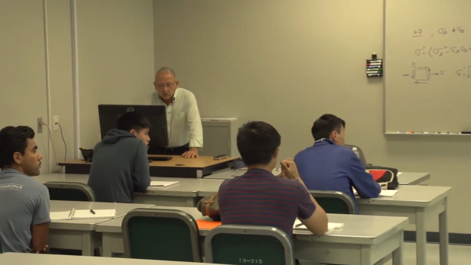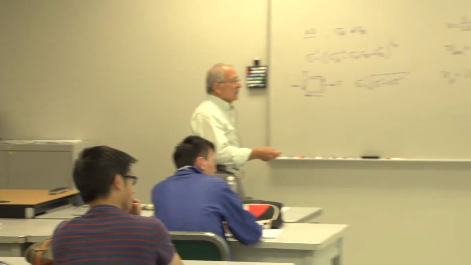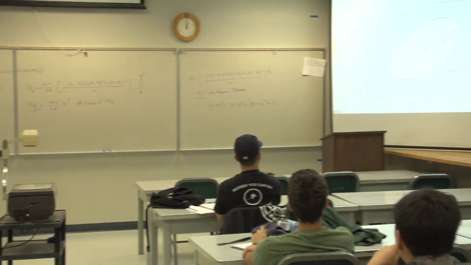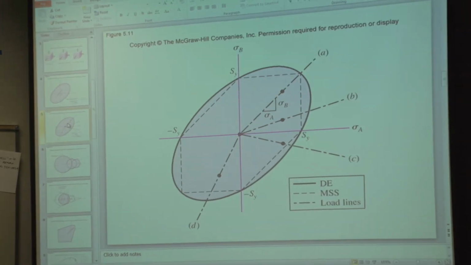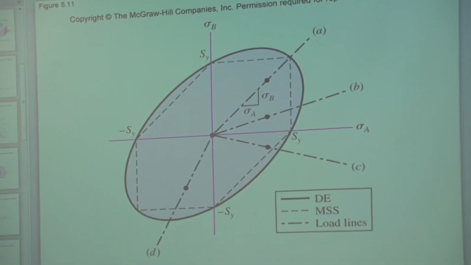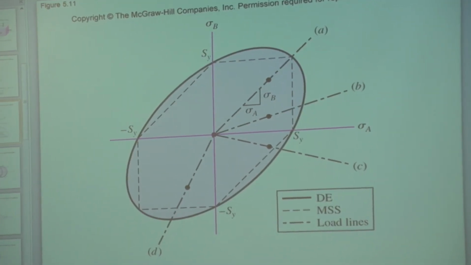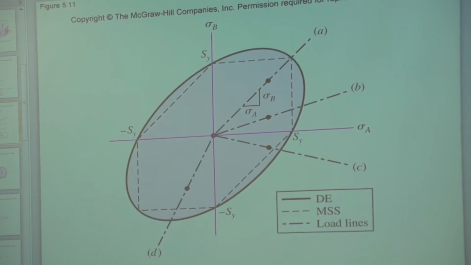Let me show you some slides on the use of this. So here are some load lines that you see. This one, for example, is a load line in which sigma A and sigma B are both positive and equal in magnitude, a 45-degree line.